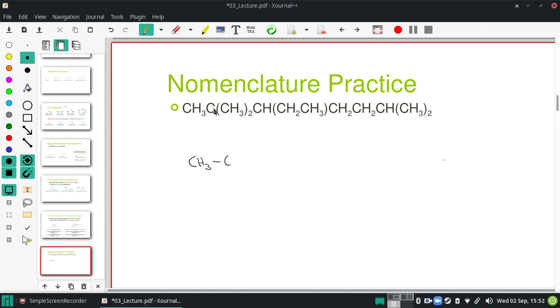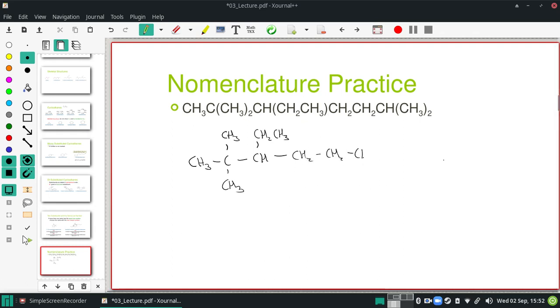This carbon has these 2 methyls on it, so I'm going to put 1 above it and 1 below it. And then the very next thing is that CH. And it has a CH2, CH3 connected to it. I'm just going to put that above it.